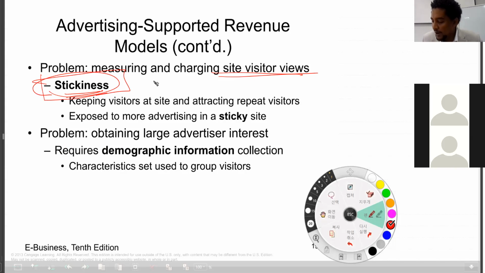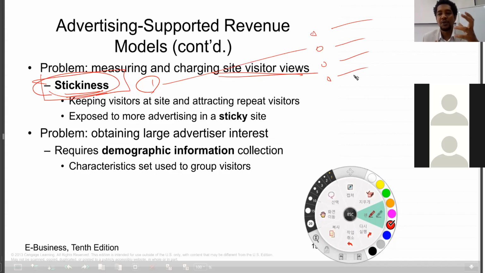So I will give you one example of how web businesses stick their customers to their operations. What they do is they ask for personal information of the customer, okay? And after this personal information, they try to deliver services that this customer wants based on his geography, his job, his interest, okay?